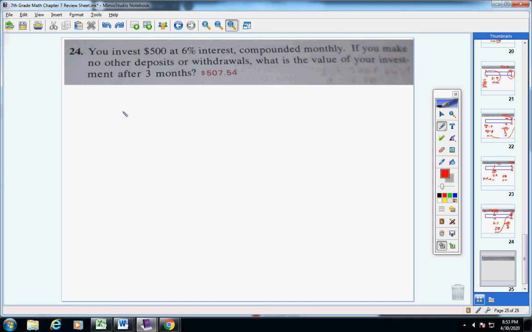you invest $500 at 6% interest, compounded monthly, okay? You make no other deposits or withdrawals. What is the value of your investment after 3 months? So, look, guys, it says your money is compounded monthly. What does that mean? That means the interest is figured every month.